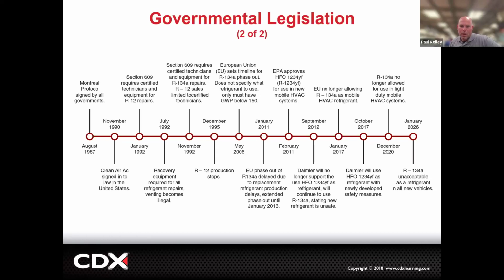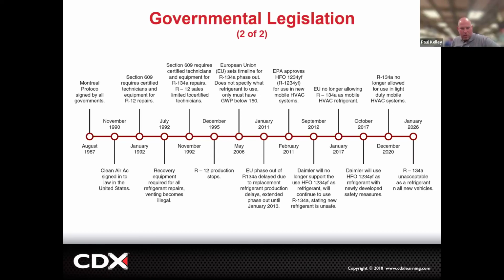They kind of caved, but they wanted to see newly developed safety measures, make it a little safer. Cool. And then in 2020, which ended up really being production year 2021, R134A is no longer used in the US as a new car refrigerant. You can buy R134A, no problem, but any new car made after that point, so a 2021 model year, doesn't come with R134A.